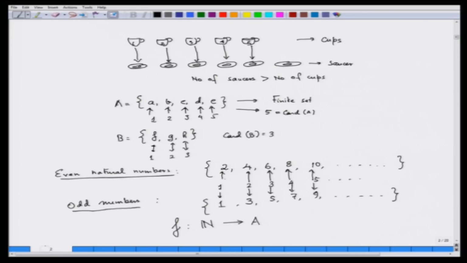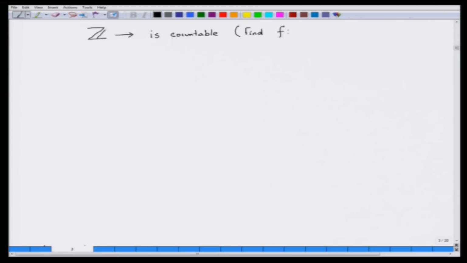Here I said that a set A is countable if I can set up this bijective map. Similarly, if Z is countable, I have to find a bijective map from N to Z. So, in your homework you will check how to set up that bijective map.